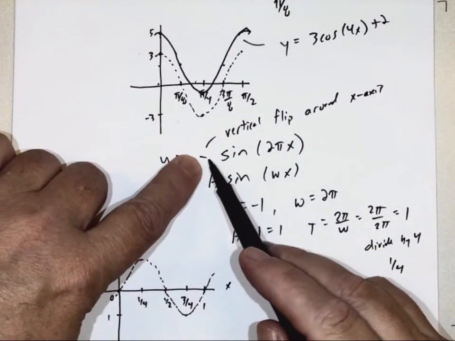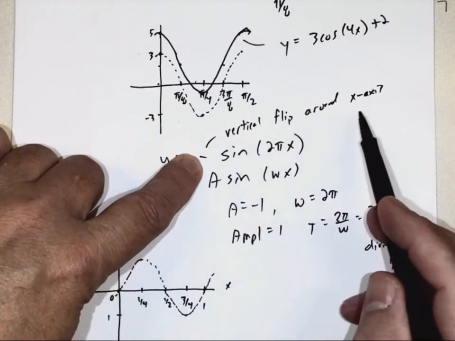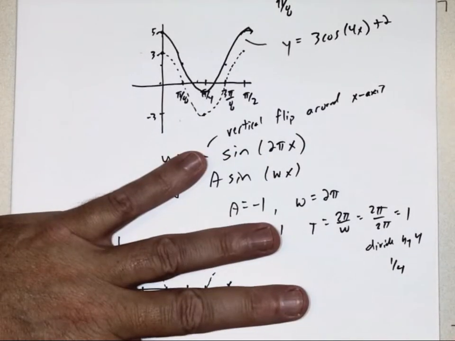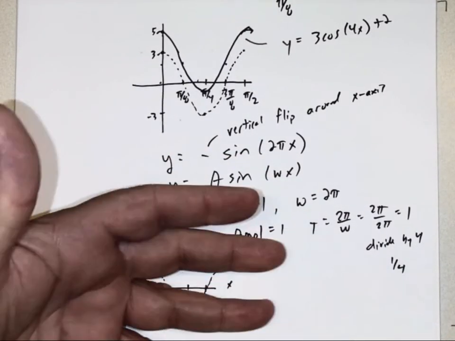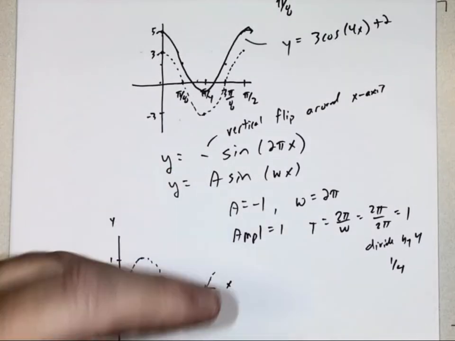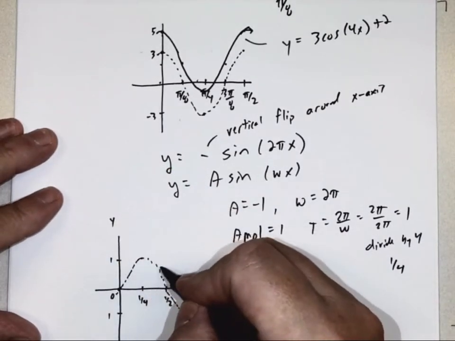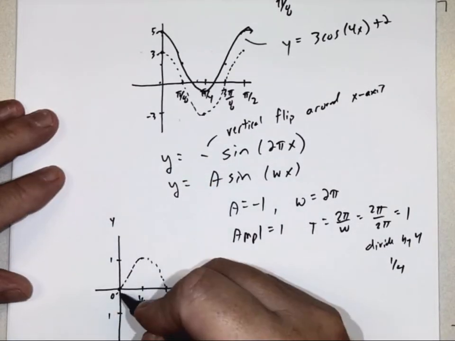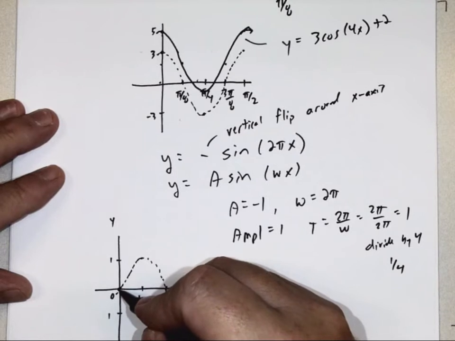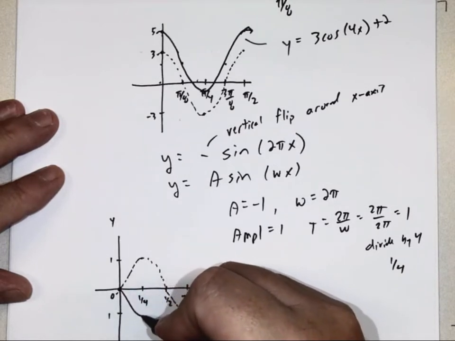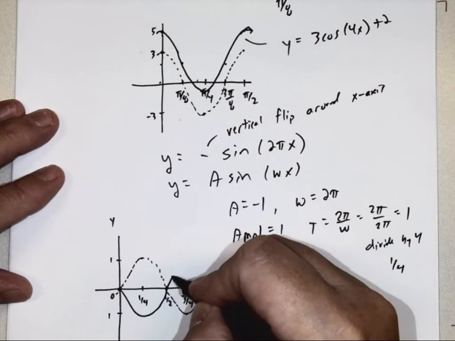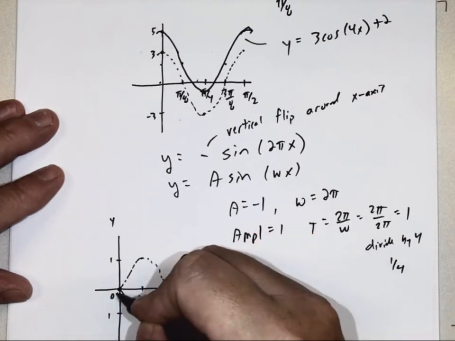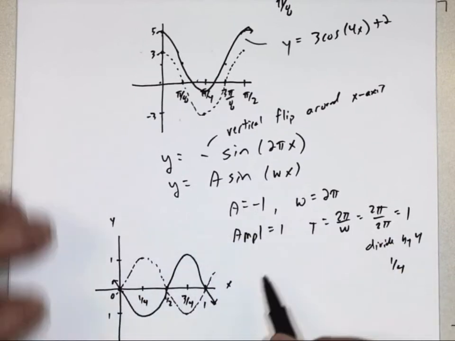Now to include the negative, what does it mean when you do a vertical flip around the x-axis? That means you take this graph and you just sort of rotate it like 180 degrees. You flip it around the x-axis. So if you can imagine this whole thing flipping over, then it's going to end up being like this.